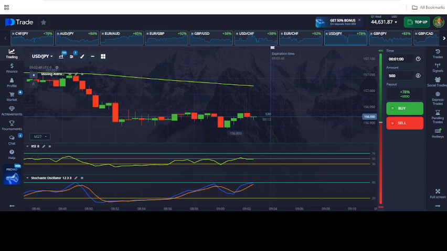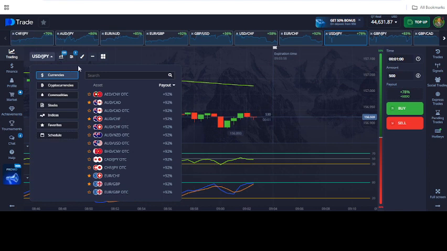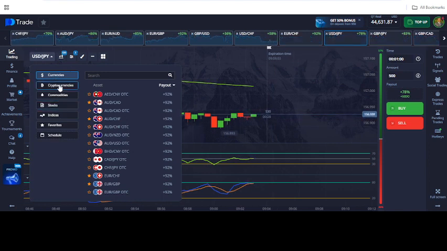So today I'm on the Pocket Option platform here and I will be trading regular currency pairs. If we click on our assets icon here, Pocket Option has various assets available: currencies, cryptocurrencies, commodities, stocks, and indices. What I've done is I've checked off all my regular currency pairs here.